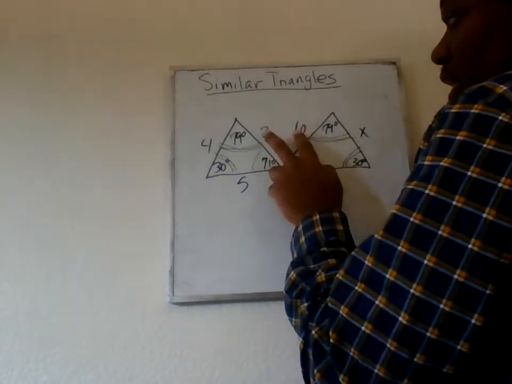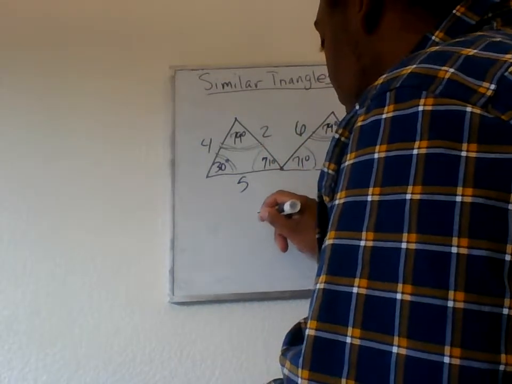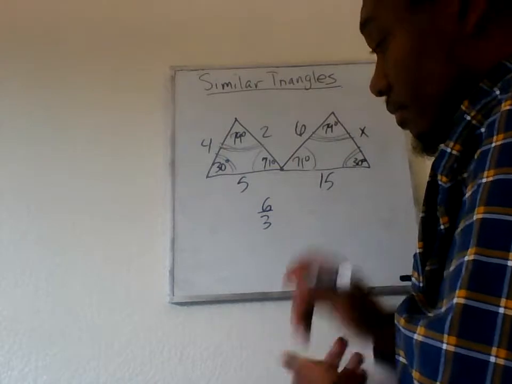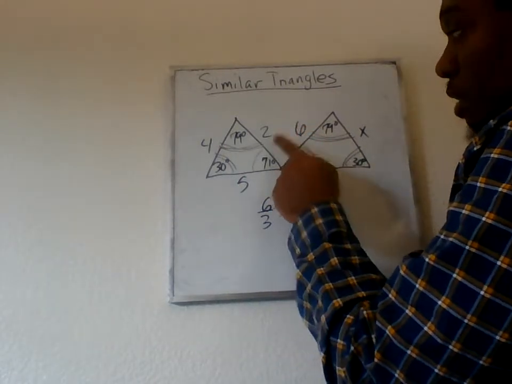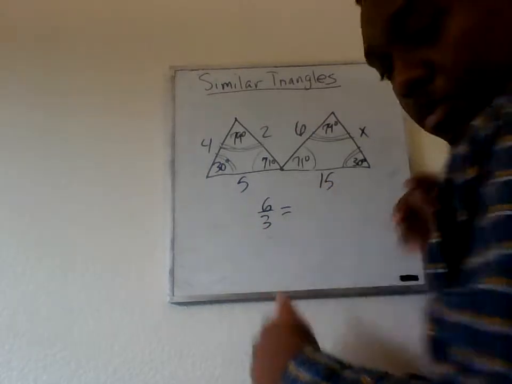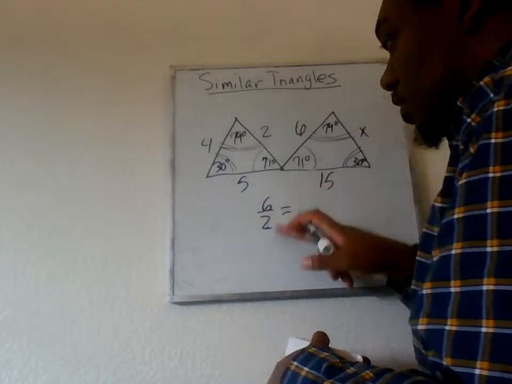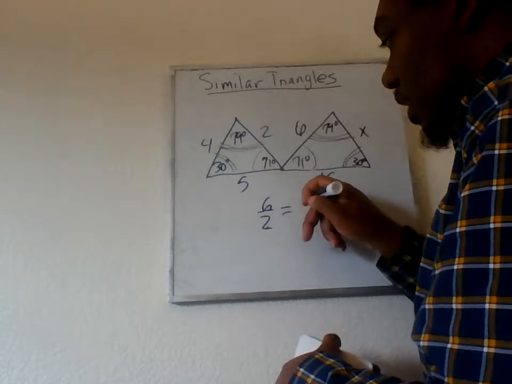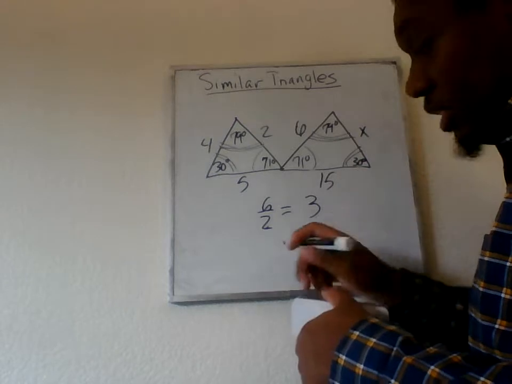Well, we can take these two measurements here, 6 and 2, and divide them. And then we see that going from the smaller one to the larger one, that's a constant of 3. Well, let's see if that holds true for the 15 and 5.